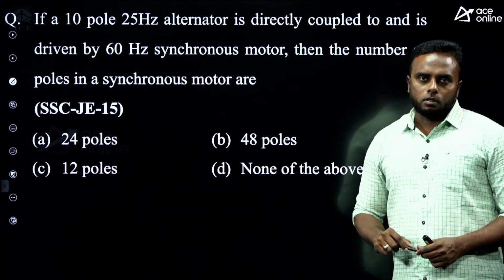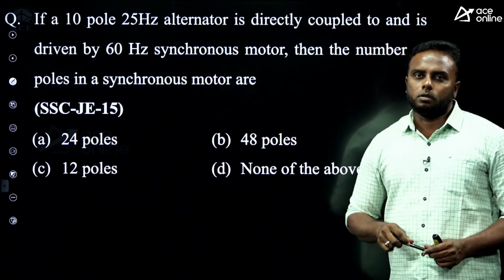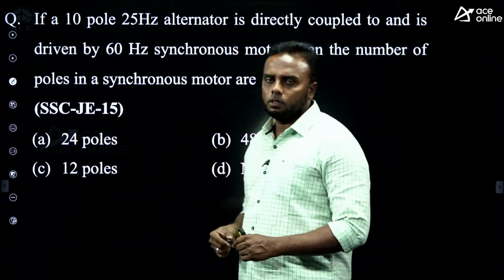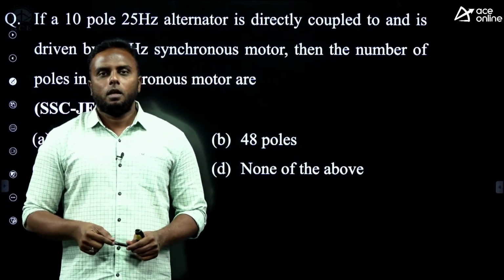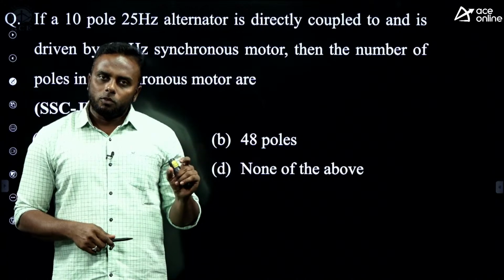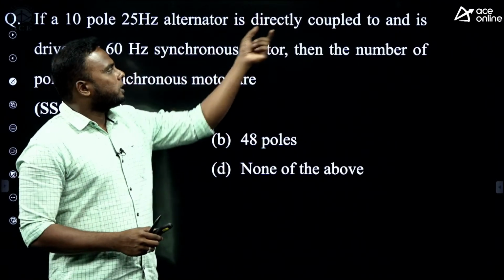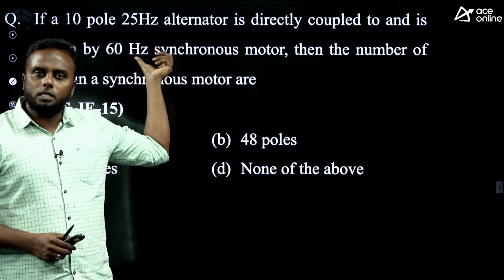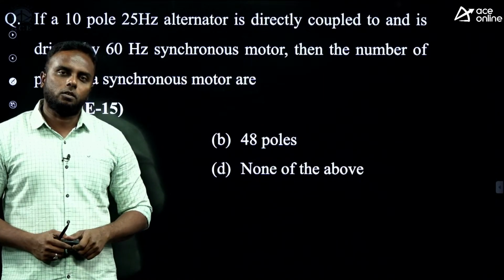A generator requires a mechanical input, and that mechanical power is supplied by the synchronous motor. The synchronous motor is operating at 60 Hz, but its poles are not given. So what will be the poles for the synchronous motor?